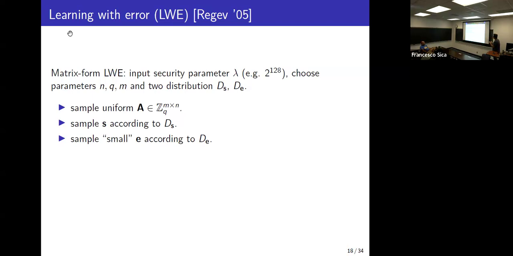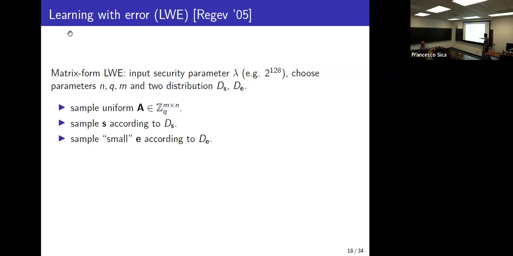What we use in practice is usually the so-called matrix form. So for example, we have some modulus Q here, and we have some integer dimensions M and N, and we sample a uniform matrix A. This distribution is very easy to sample, right? It's a uniform distribution from some underlying field. And we also sample a secret vector S according to some distribution DS. And this distribution can be a uniform distribution as well.